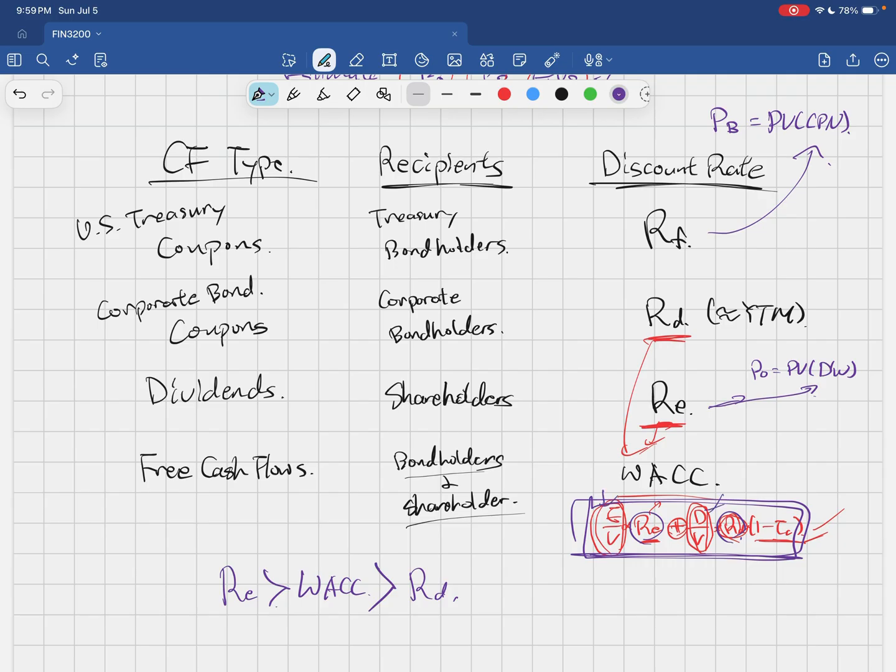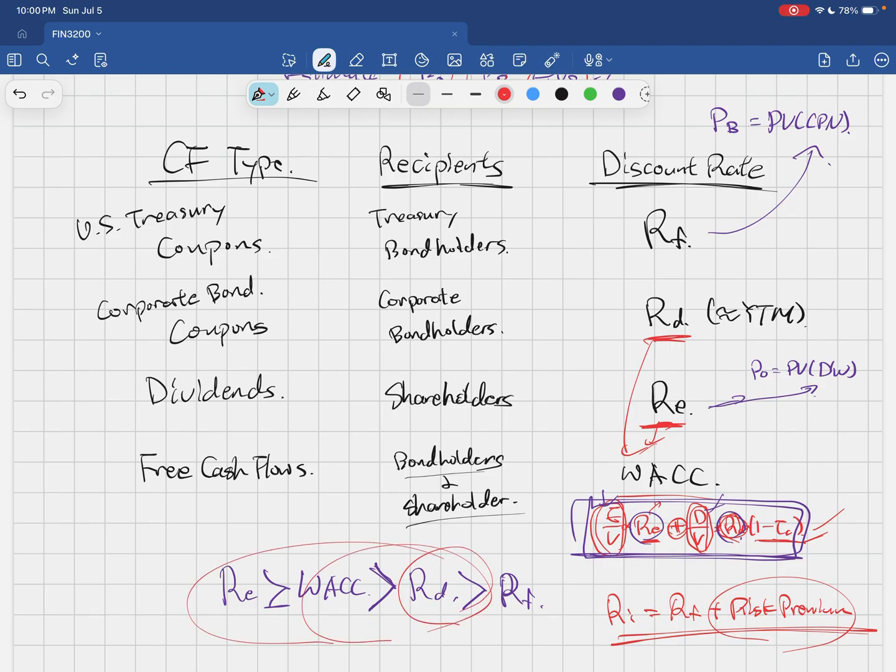If it's a 100% equity financed firm, WACC could be equal to RE, but in the real world there shouldn't be any cases where the firm is 100% debt financed, so we'll just keep this strictly greater than. But everything is greater than the risk-free rate. We already talked about the risk premiums, right? All of the risky securities have this format. All the risk premiums make it greater than RF, greater than RF, greater than RF.